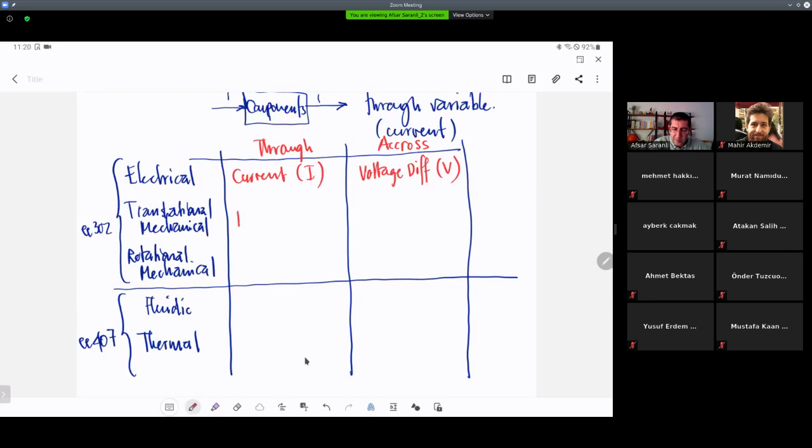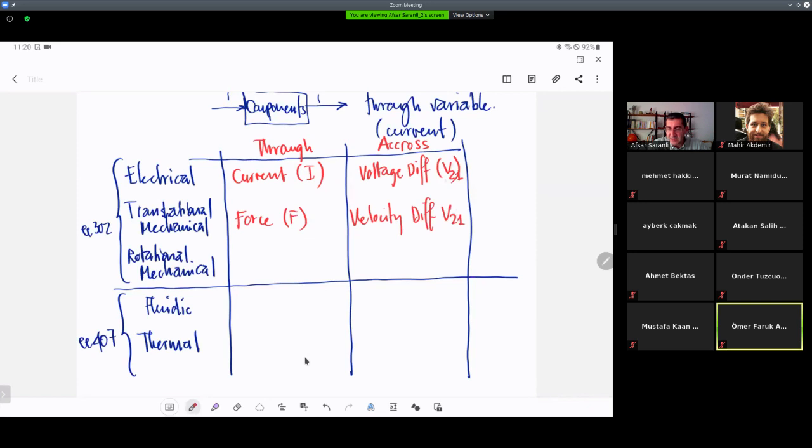The through variable is considered to be the force, F. And the across variable is considered to be velocity difference. Linear velocity difference, okay? Let's call this, let's say V21.